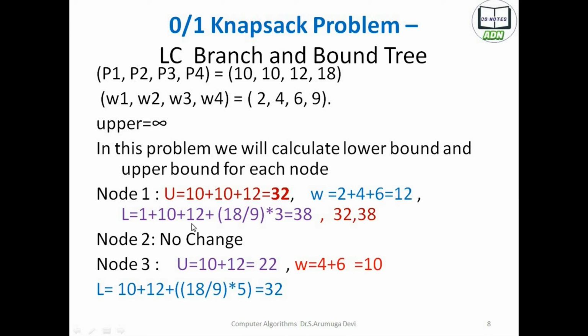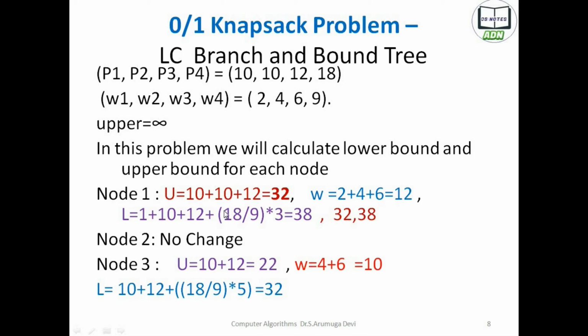What is the lower bound? When you are considering the lower bound, you can take the fraction value. So 10 plus 10 plus 12 is 32, but the remaining 3 kg we can fill. The 3 kg is taken from the fourth item, so profit 18 for 9 kg, multiplied by 3, so 32 plus 6, 38.